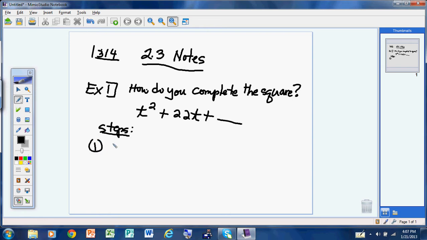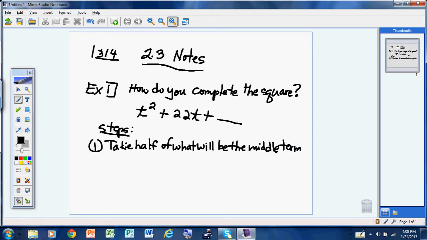The first step is take half of what will be the middle term, this is what will be the middle term right here.